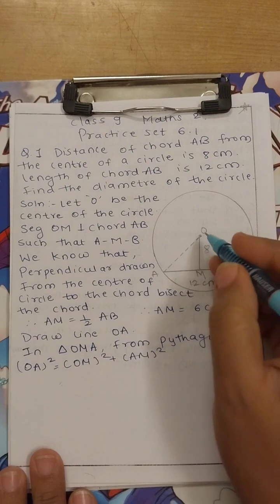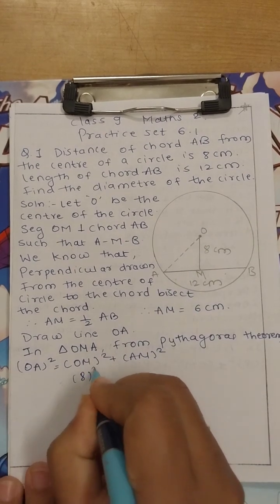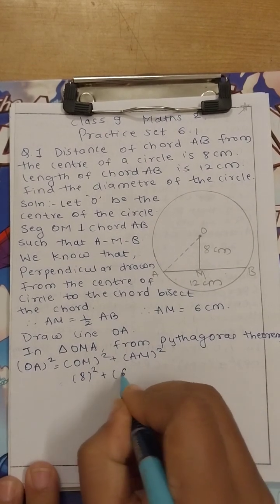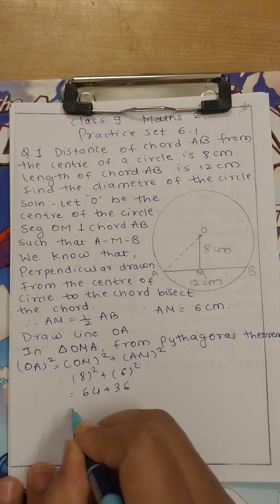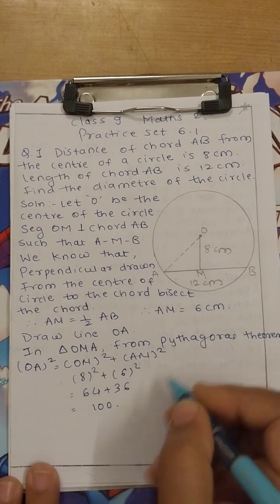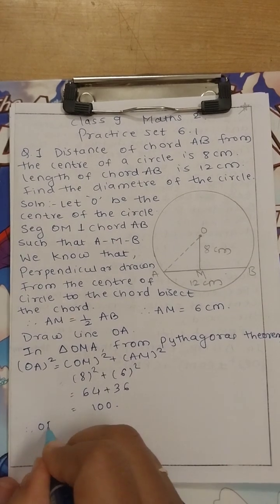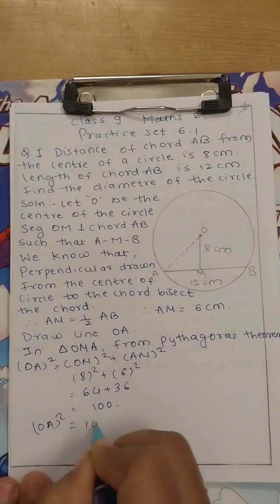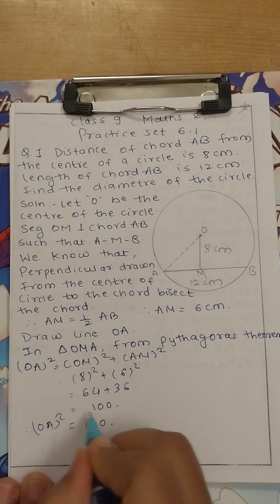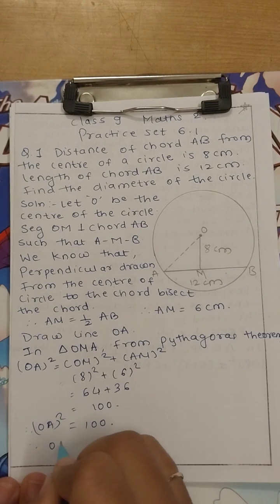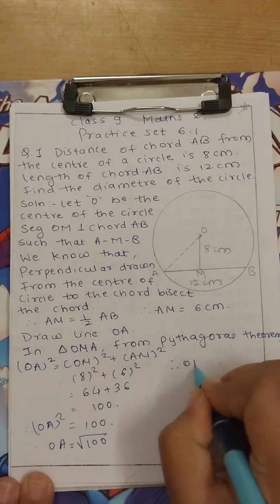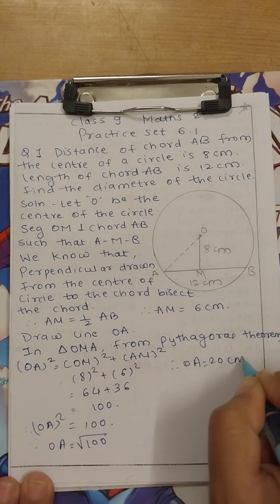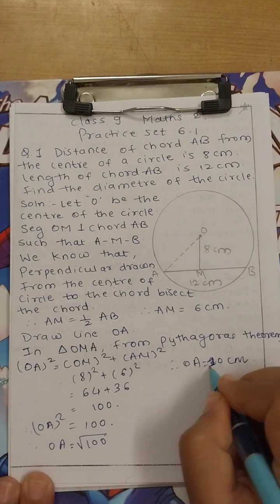OM square is 8 square, AM is 6 square. 64 plus 36 is equal to 100. Therefore, OA square is equal to 100. Take the square to this side, square root of 100. Therefore, OA is equal to 10 centimeter.